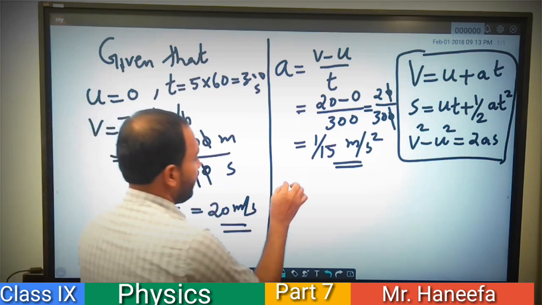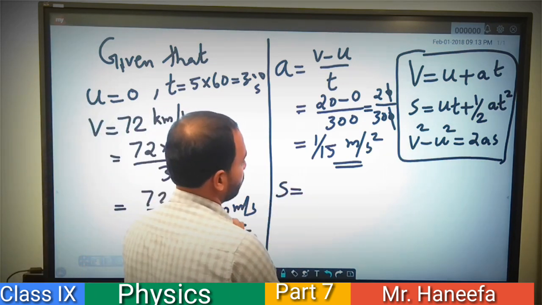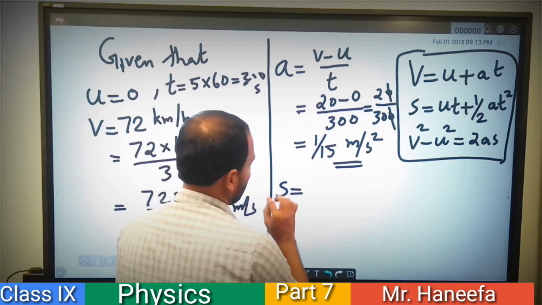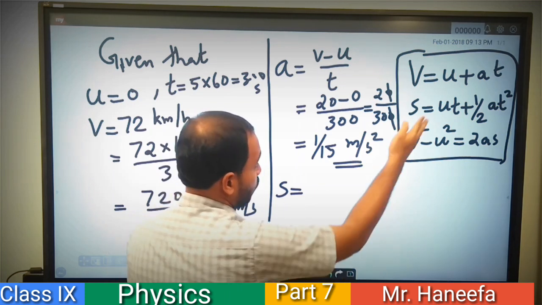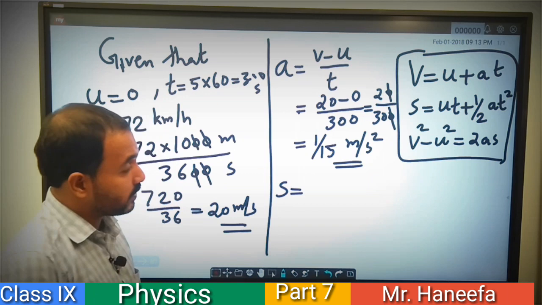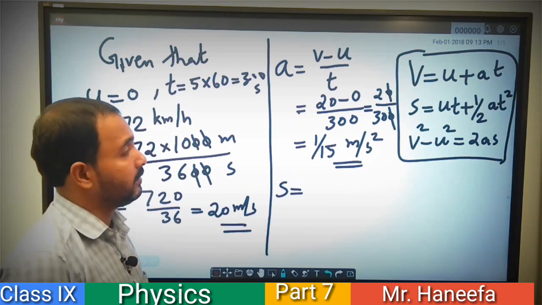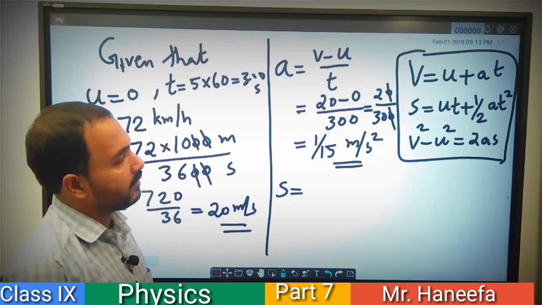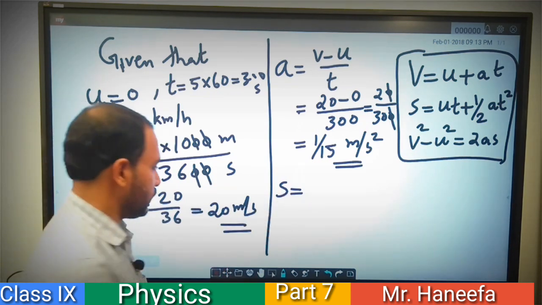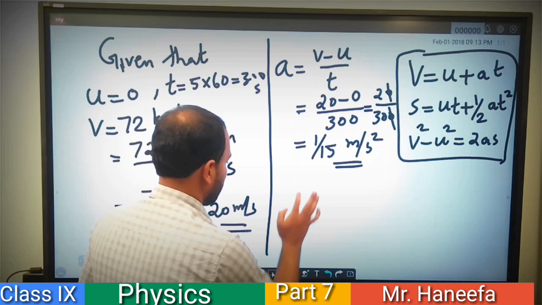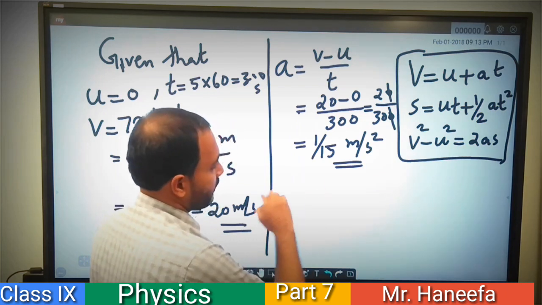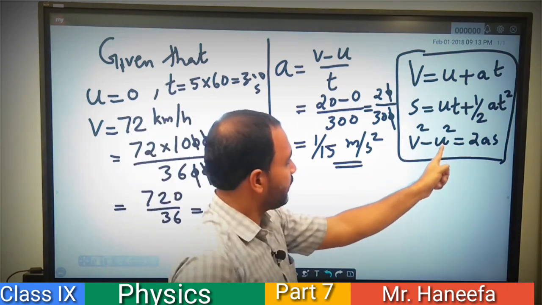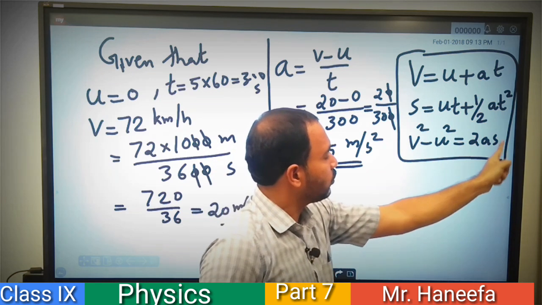Then we have to find s. To find s, we can use the first and second equations, but here we can use the third equation. What is the third equation? v square minus u square equal to 2as.